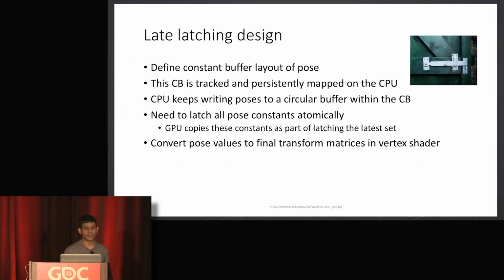So the design of late latching is that we define a constant buffer layout for what a set of pose parameters look like. And this constant buffer is tracked and persistently mapped onto the CPU. OpenGL already supports persistent mapped buffers. D3D11 doesn't quite, but we've been able to figure out a way to work around that. And moving forward, DX12 supports persistent mapped buffers on the CPU. So using this, the CPU keeps writing poses in a circular buffer within this constant buffer that we've marked.